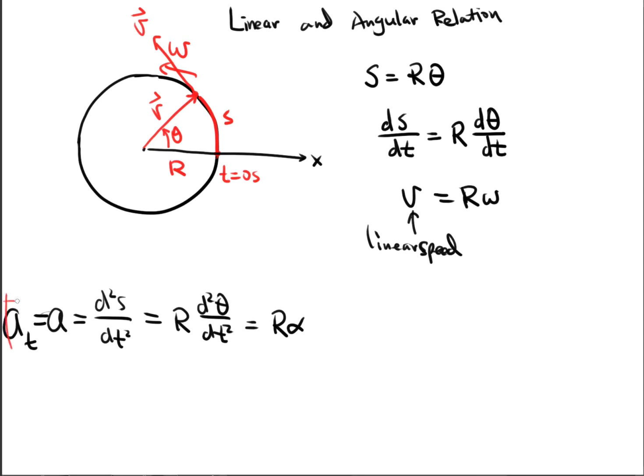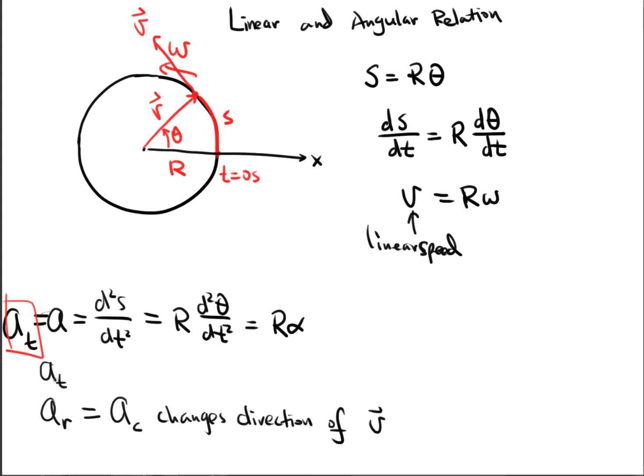It's this at here. So a tangential can change the magnitude of the velocity, and a radial, remember a radial is also called centripetal acceleration, and it can change the direction of velocity v, and this at, the tangential acceleration, changes the magnitude of v.